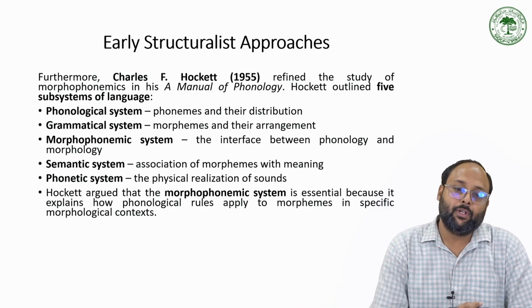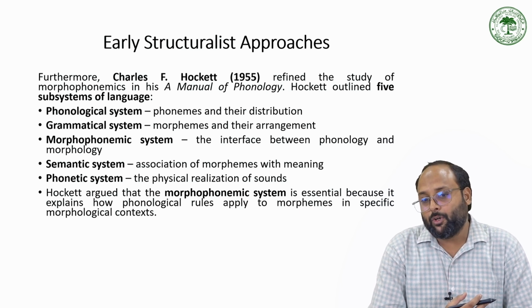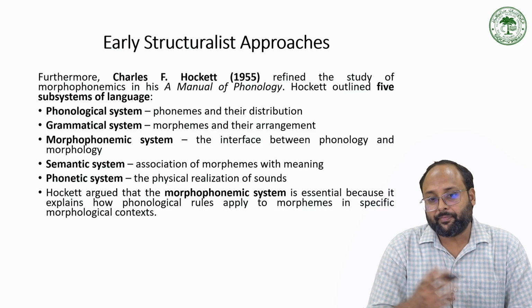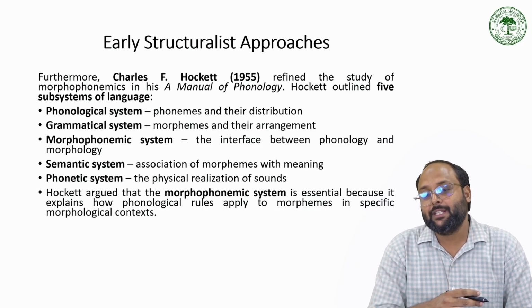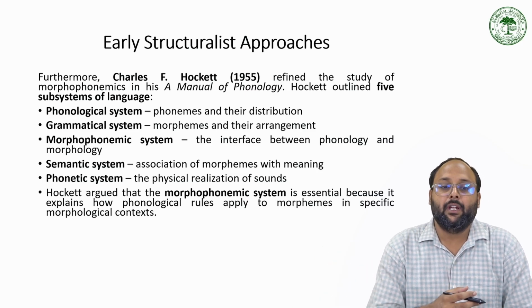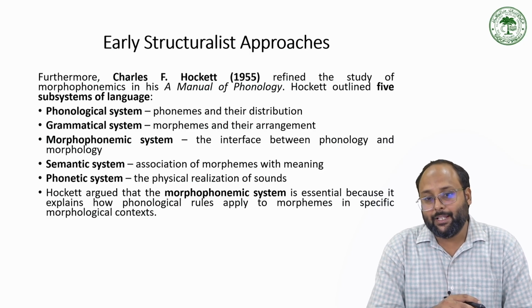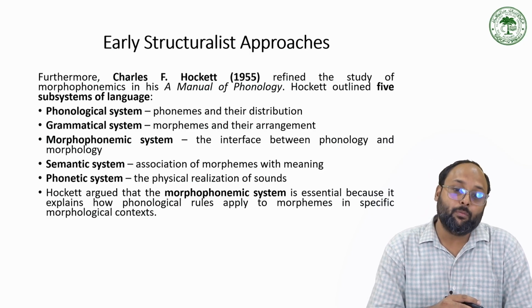They also described the semantic system, the association of morphemes with meaning, like how a particular morpheme has a certain meaning. There are morphemes which have different meanings in different contexts. Every morpheme is meaningful, and there are certain morphemes which are also not meaningful.